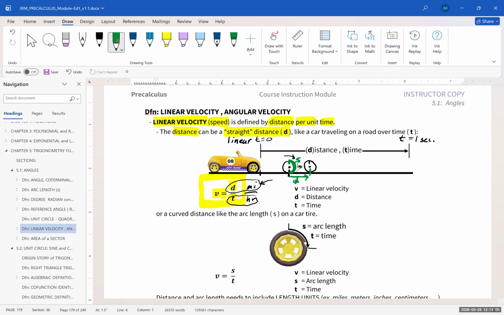So if we take this same formula for linear velocity and we start to wrap it around the tire, then instead of D, which represents a linear distance, we use S, which denotes an arc length, which is a distance around the circumference of the tire. And you can see we still have the same formula. It's just that the letter for distance has changed from a D to an S to denote a difference in the context of the distance that we're actually measuring.